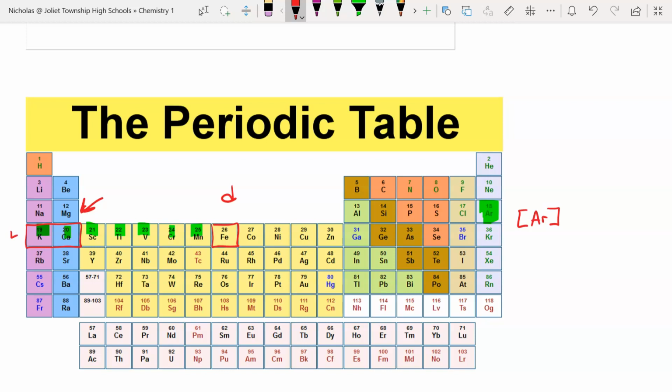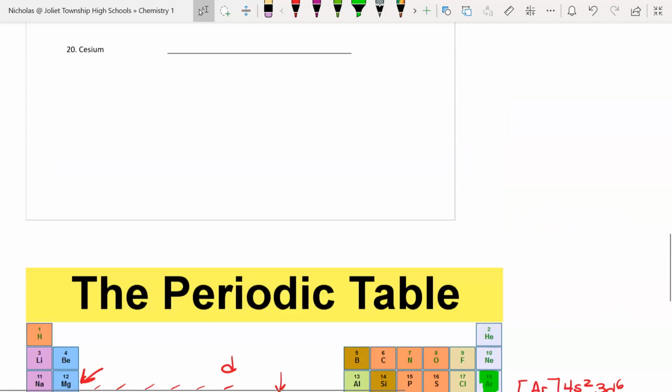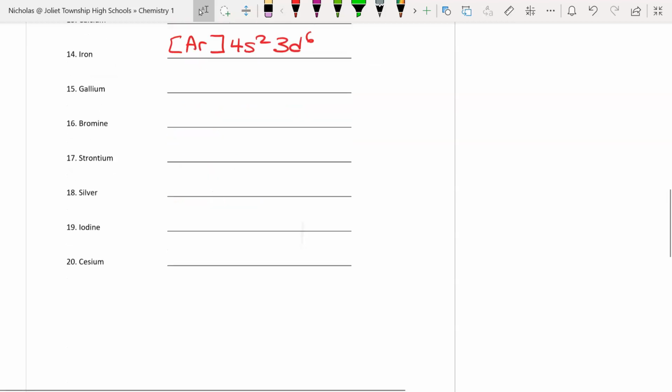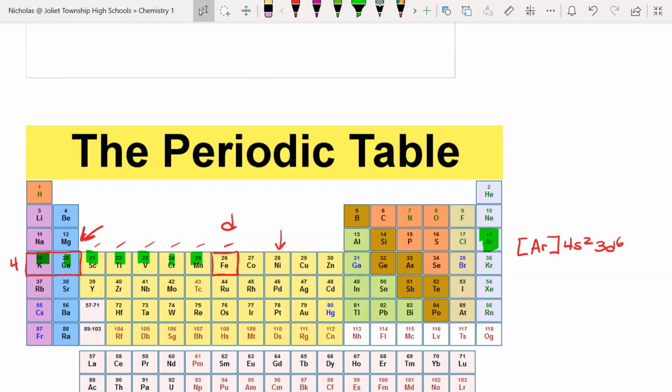So this is the fourth row. So this is going to be 4s2, and then I'm going to count over 1, 2, 3, 4, 5, 6. So this is 3d6. Remember the D block, even though this is the fourth row of the periodic table, the D block starts one less. It's a little confusing. All right, so let's go fill that in. So this is argon, 4s2, 3d6. All right, let me clear this off.